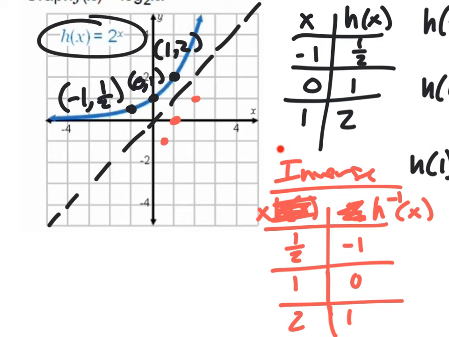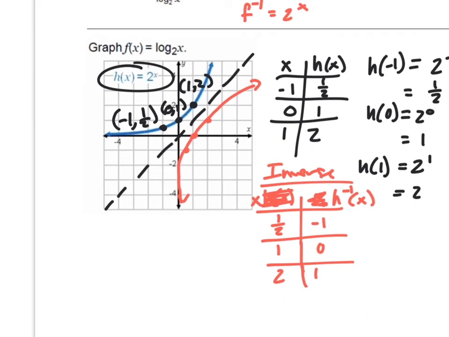As it goes this way, it's just going to approach the x-axis and never hit it. So we have to think that the logarithm function would have to be asymptotic to the y-axis because they're inverses and they're switched. So you draw the graph, and it's going to look like that. It has a vertical asymptote.